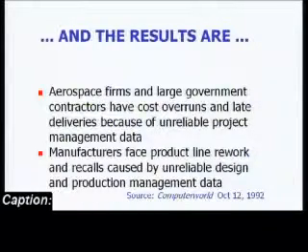Aerospace firms and large government contractors have cost overruns and late deliveries because of unreliable project management data. Manufacturers face product line rework and recalls caused by unreliable design and production management data. Again, these problems are still with us, some 17 or more years after the original publication in Computer World.